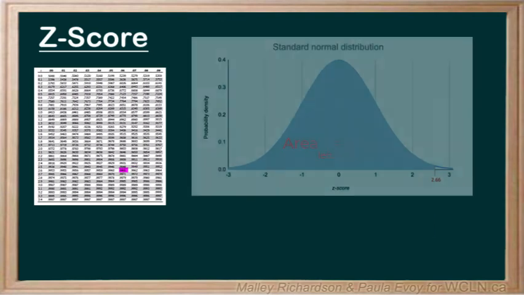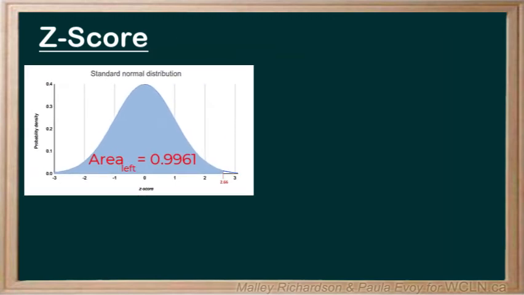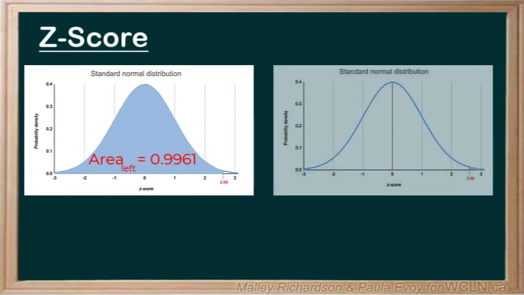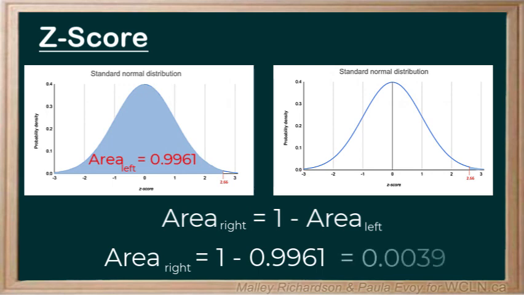We can see the area to the left of this is 0.9961. To find the area to the right, we use the formula 1 minus area to the left. So we get 1 minus 0.9961, and our area to the right of 2.66 is 0.0039.